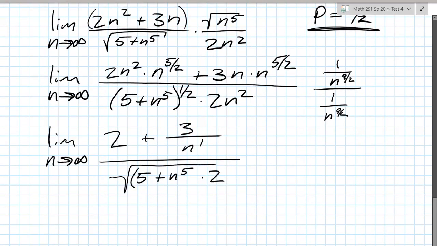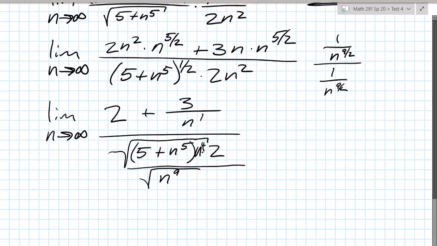In order to do that, I'm going to have to make that an n to the fourth. Okay, and then in the denominator, I want to bring this n to the 9 halves. That's going to be an n to the 9 under the square root. So I want to be able to combine those together there. What happens when you do that, you'll notice that your n to the fourth and n to the ninth will cancel so that you have an n to the fifth.